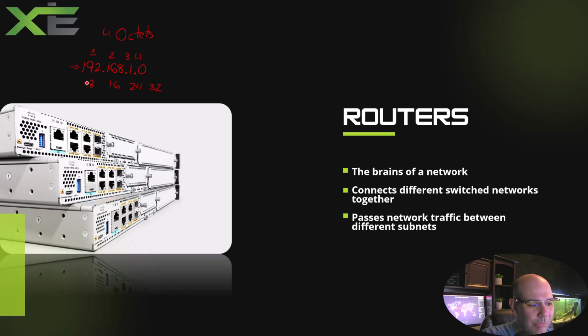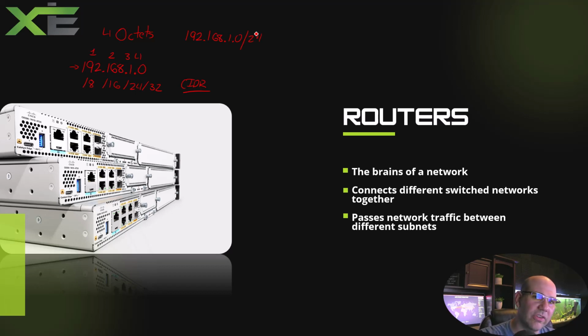Now, you may notice something interesting here if you've ever looked at subnetting, or if you've ever written down an IP address and you've given somebody what we call a CIDR. Again, I'll get into some of this stuff in a later subnetting video, but you need to understand this to understand what a router is. You may notice that these also correspond to a CIDR. So you might see somebody write this address as follows: 192.168.1.0/24.